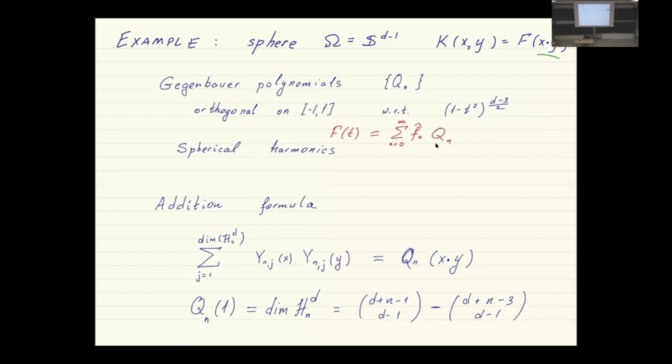And there are several interesting facts about spherical harmonics that are related to this expansion.